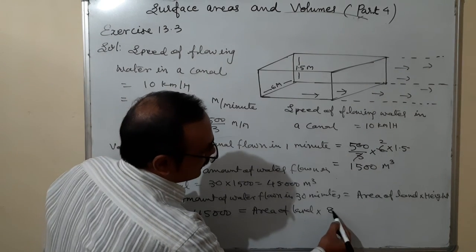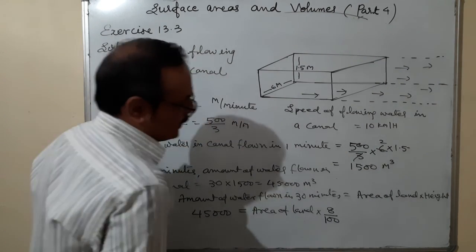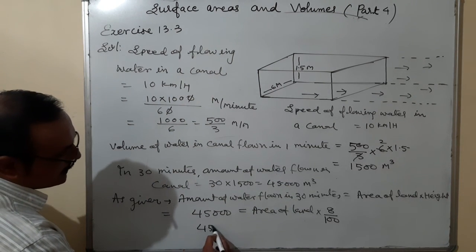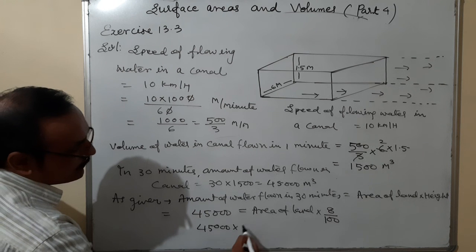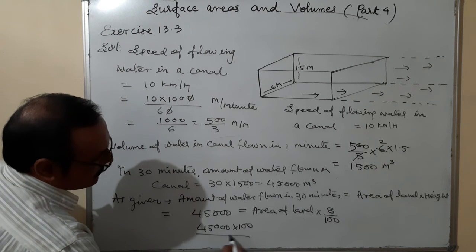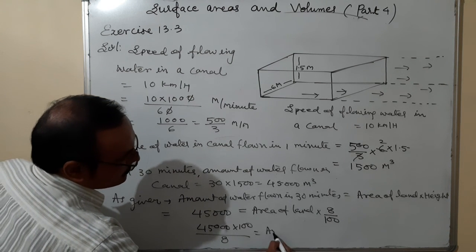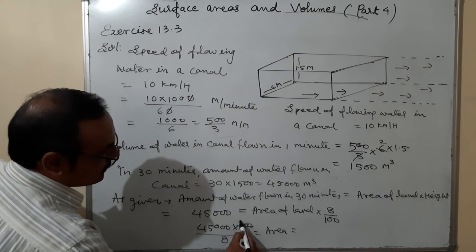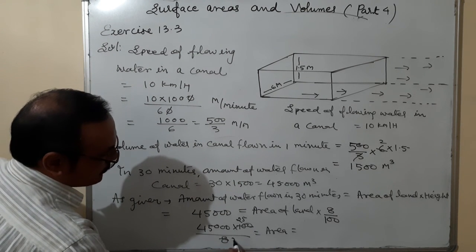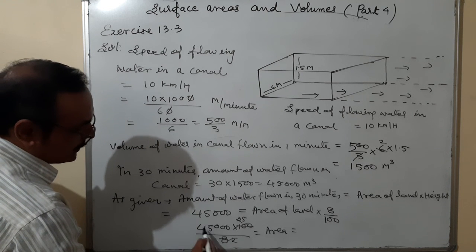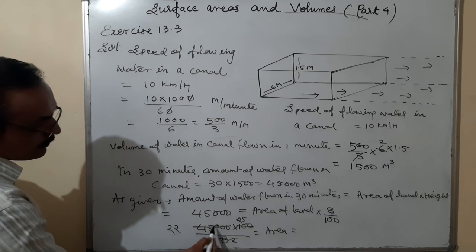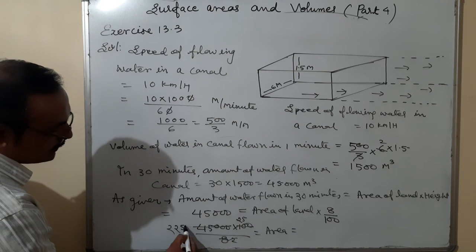So I write here 8 upon 100. This 8 upon 100 will be shifted here. 45,000 multiplied by 100 upon 8 is equal to area. When we cancel it, 4 2s are 8, 2 5s are 10.